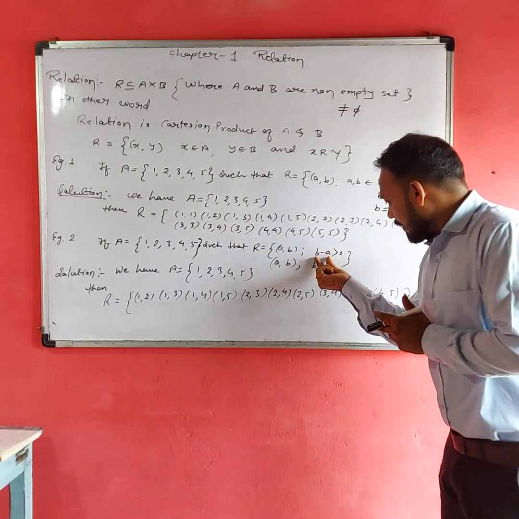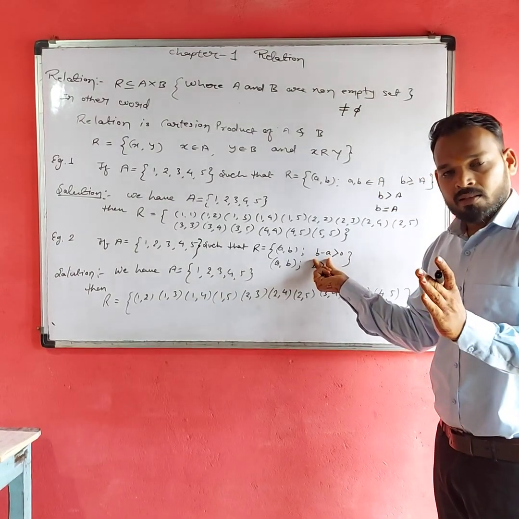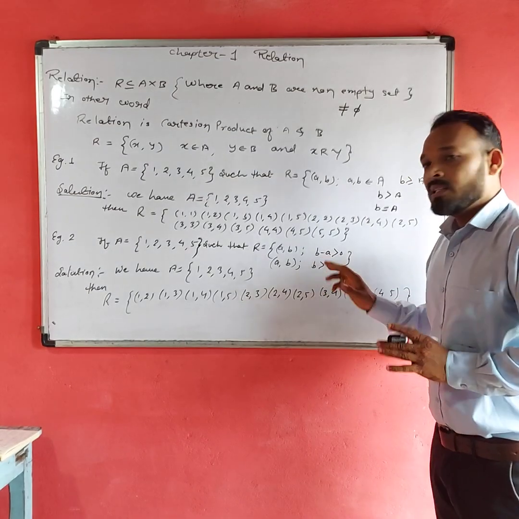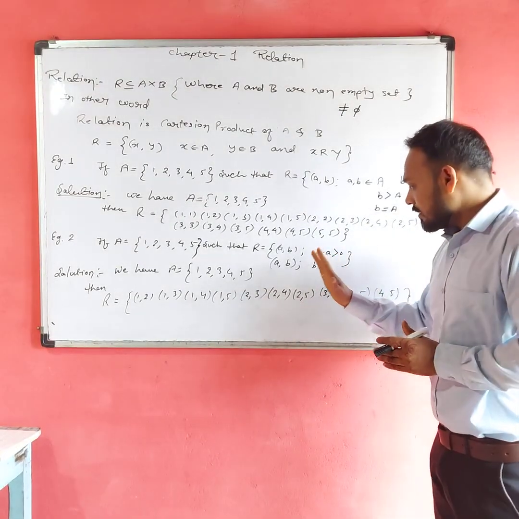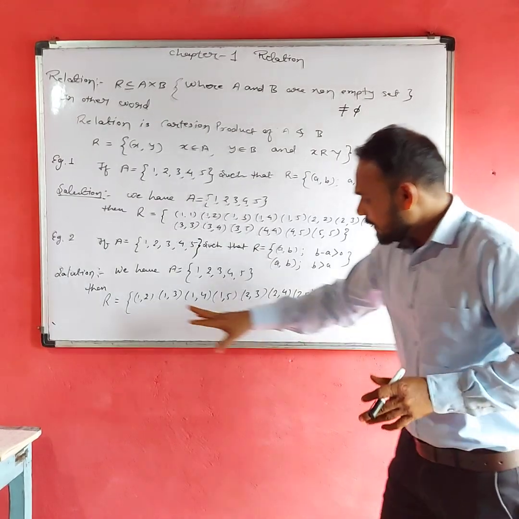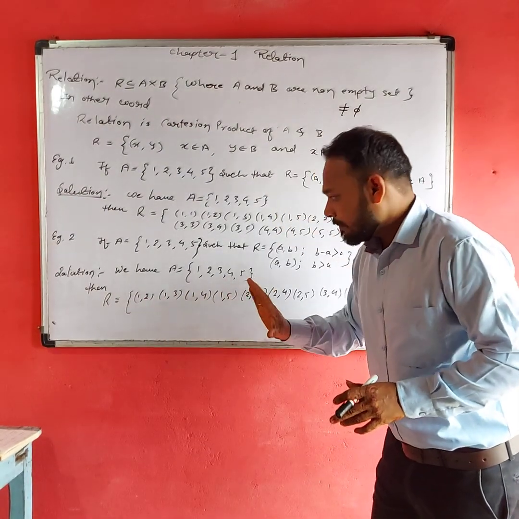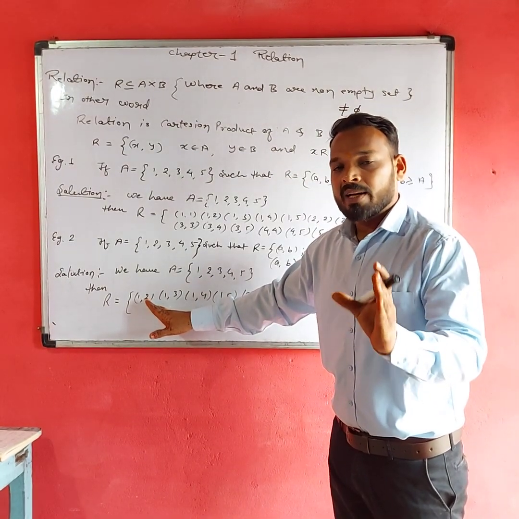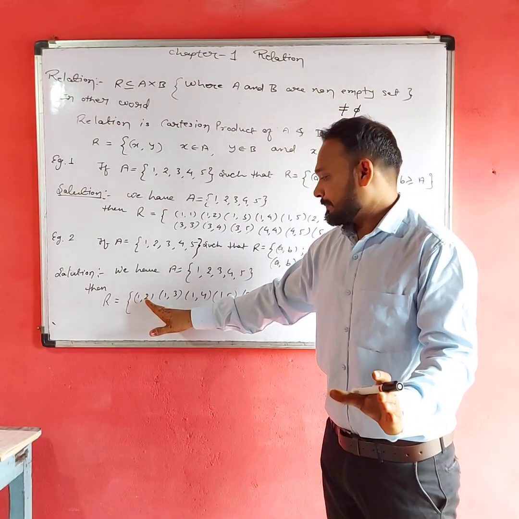Okay, b minus a means b is always positive and a is always negative, means b is always greater, so the second element of the pair is always greater.